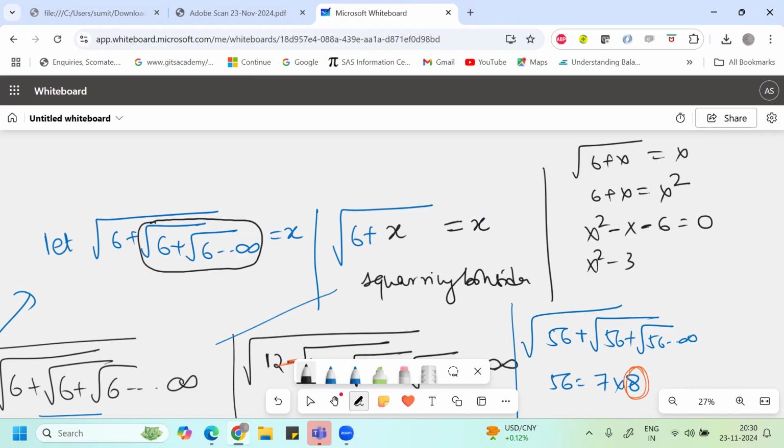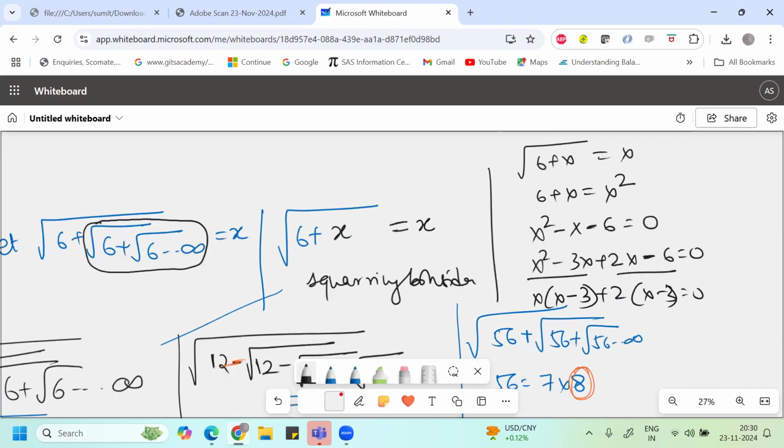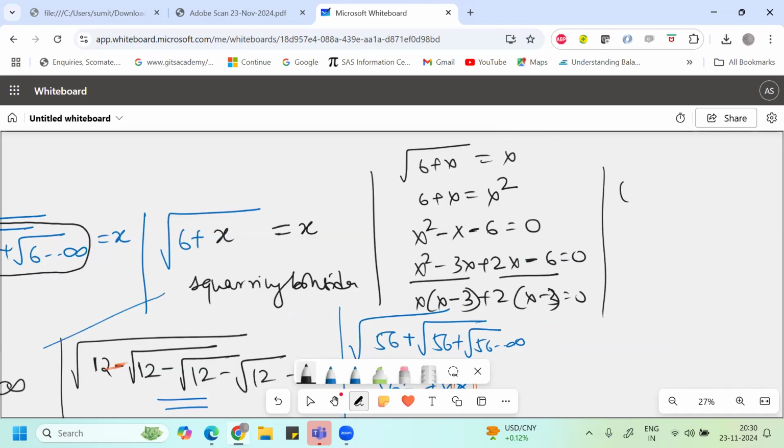X square minus 3x plus 2x minus 6 is equal to 0. Taking common, x into x minus 3 plus 2 into x minus 3 is equal to 0. So x plus 2 into x minus 3 is equal to 0. So x is equal to 3, minus 2.